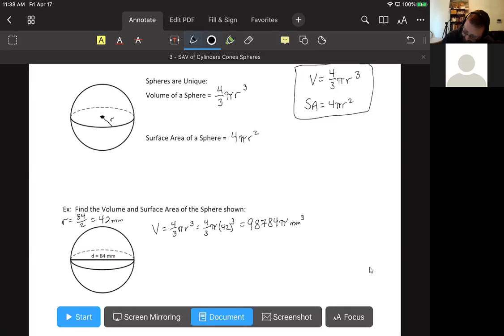Then we are going to find our estimated answer by plugging in 3.14 for pi, which gives us an approximate volume of 310,181.76 millimeters cubed.